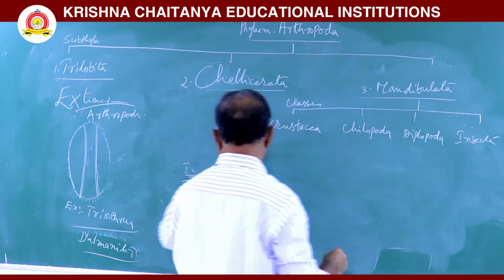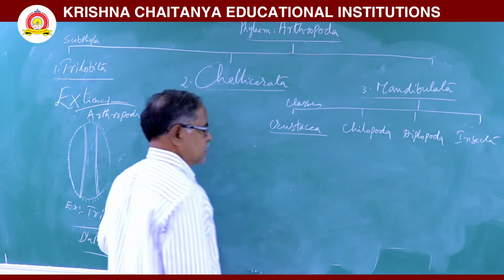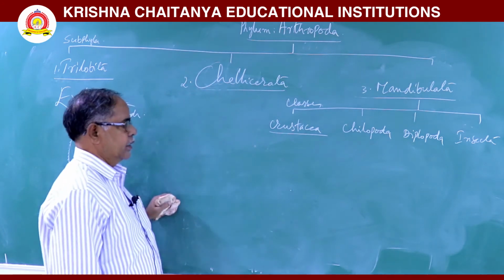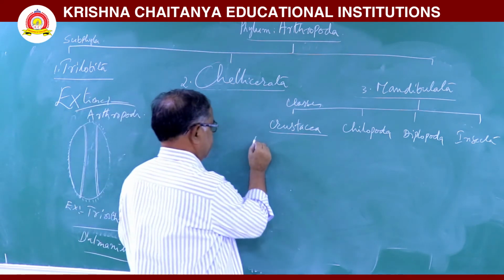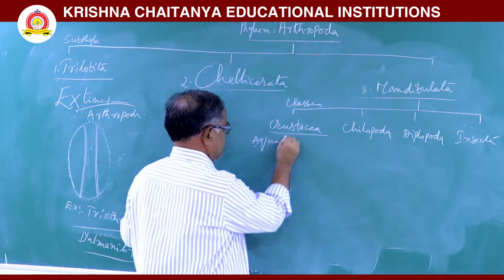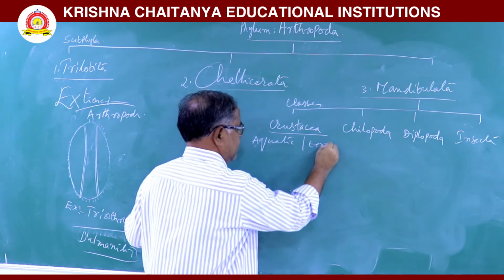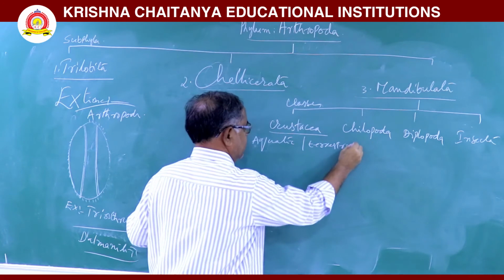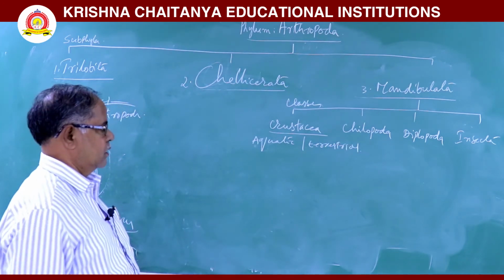First, general characters of Crustacea. In crustaceans, some are aquatic, some are terrestrial. For example, crabs live in moist soil.